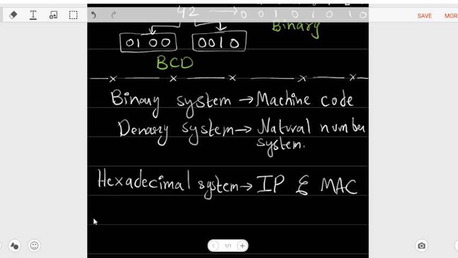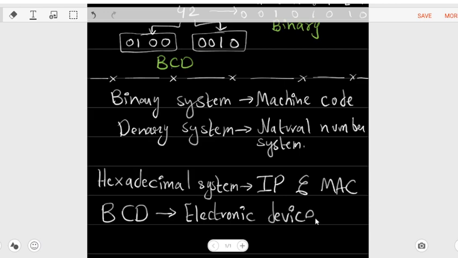After hexadecimal we had the BCD, or binary coded decimal system. We use it in electronic devices to represent numbers accurately. We will dig deeper into why BCDs are a good option in electronic devices.